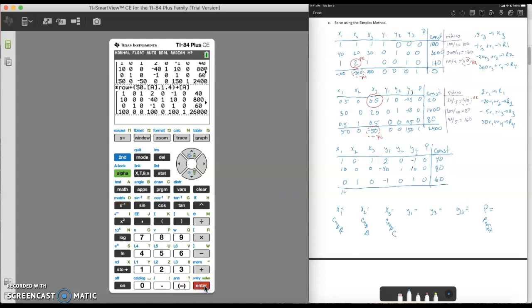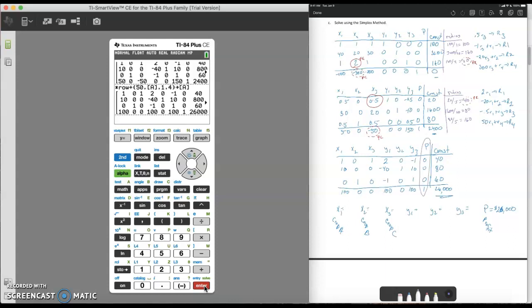So it looks like we've got 100, 0, 0, 100, 0, 100, lots of hundreds, 1, and 26,000. Wow. So we started at a 0 profit, we improved to a $2,400 profit, and we finally reached optimal at $26,000 profit.